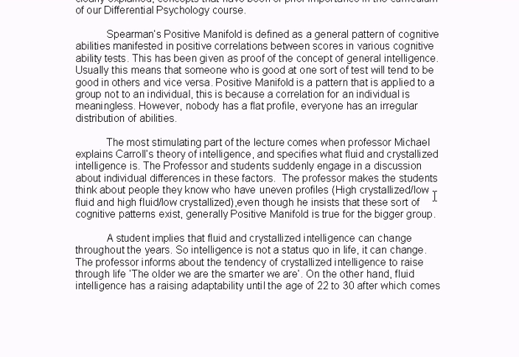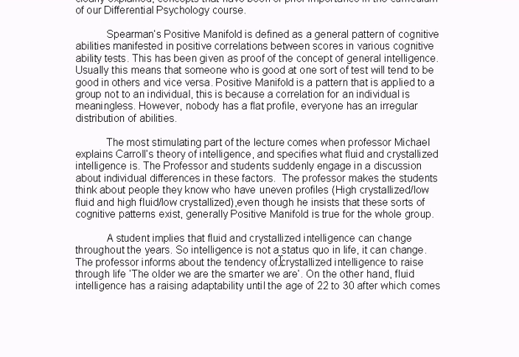Even though he insists that these sorts of cognitive patterns exist, generally the positive manifold is true for the whole group.